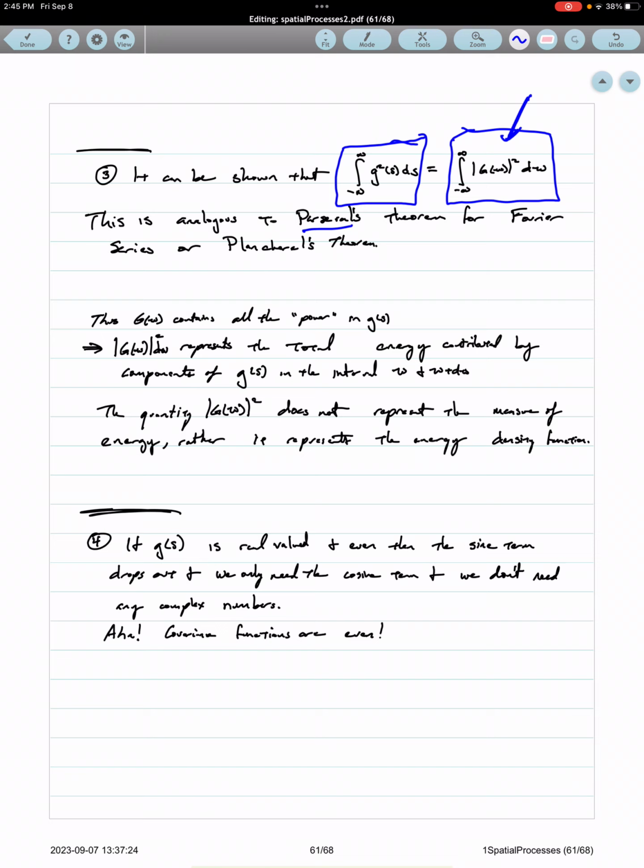And this relationship is known as Plancherel's theorem. So, as I said earlier, our transform function, capital G of omega, contains all of the power information in g of s. That's not surprising, because it contains all of the information about our original function, lowercase g.